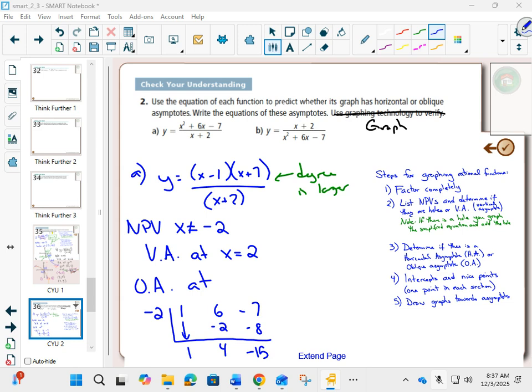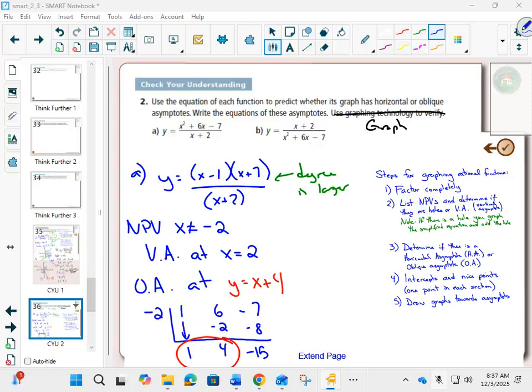And I can ignore the remainder and just look at the quotient. So x plus 4 is going to be our oblique asymptote.